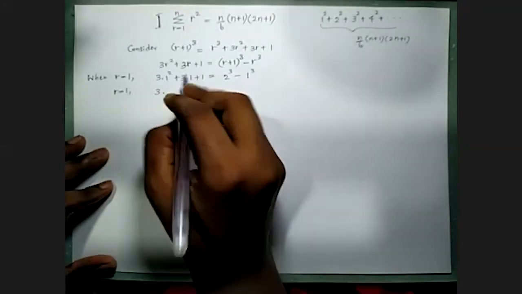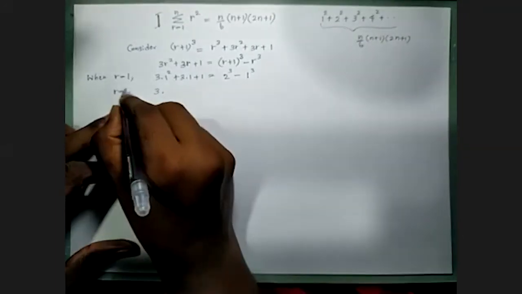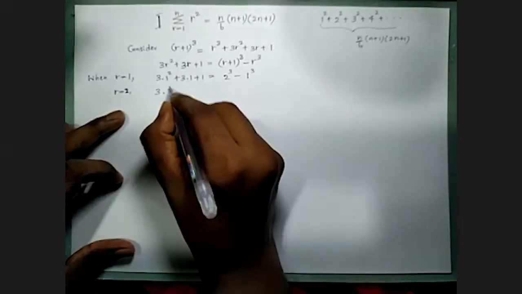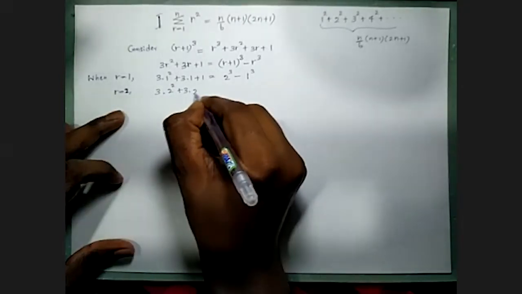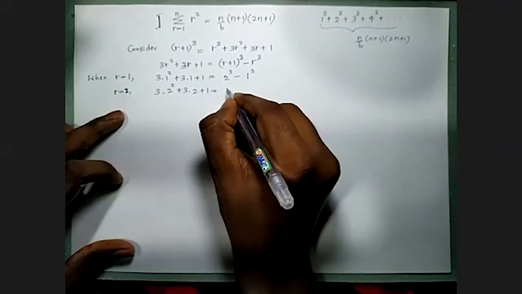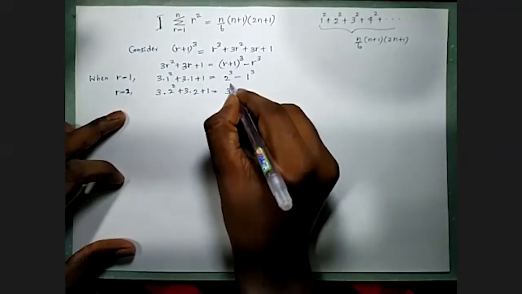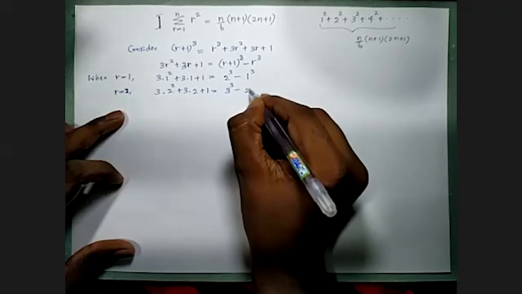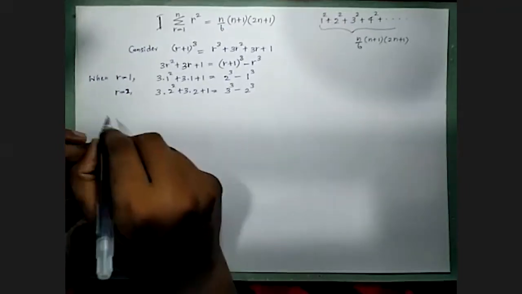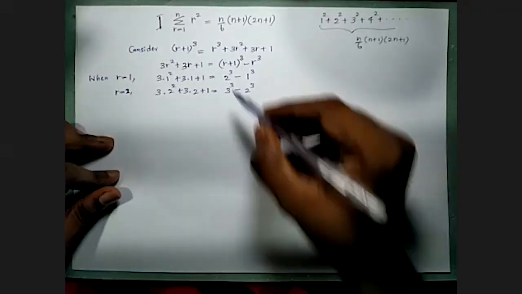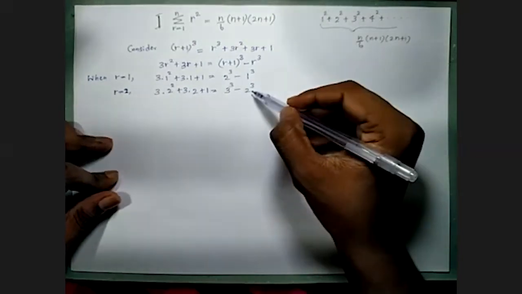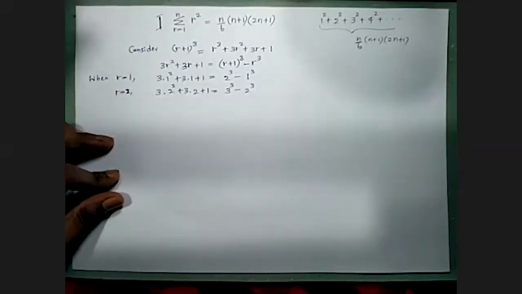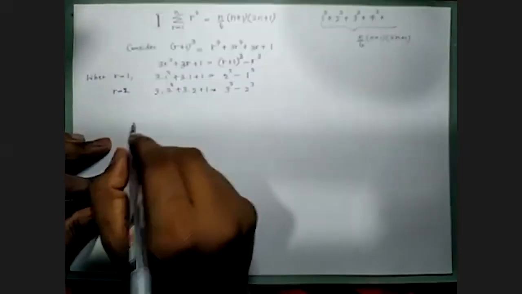If it is not clear, ask me. Then r equals 2: 3 into 2 square plus 3 into 2 plus 1 equals, this is 2 plus 1, 3 cube minus 2 cube. Then can you see? These two terms get cancelled when we take the sum. They are going to get cancelled.